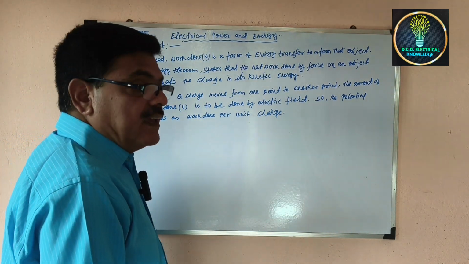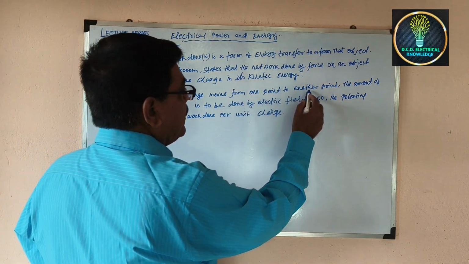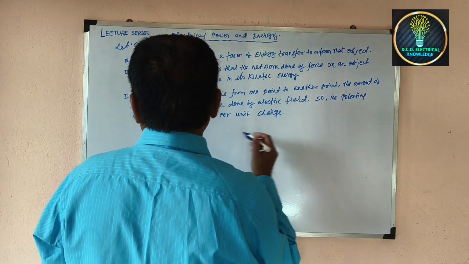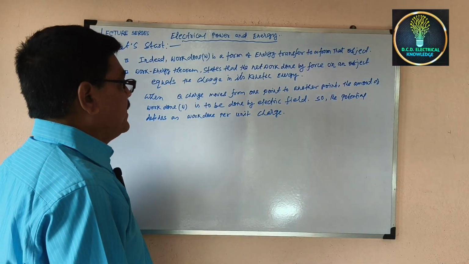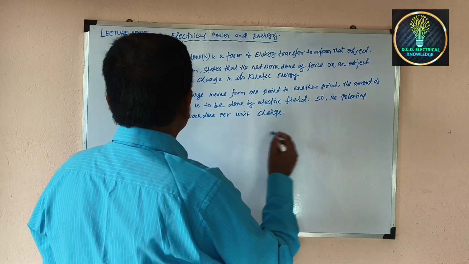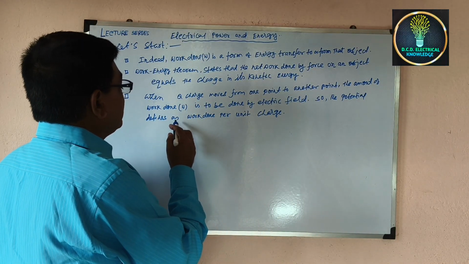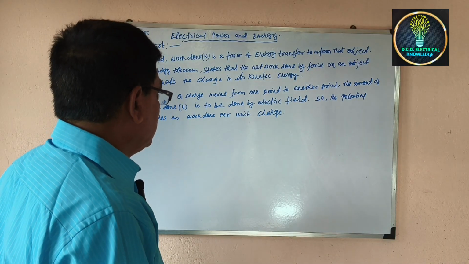When a charge moves from one point to another point, the amount of work done, W, is to be done by the electric field. So, the potential is defined as the work done per unit charge.